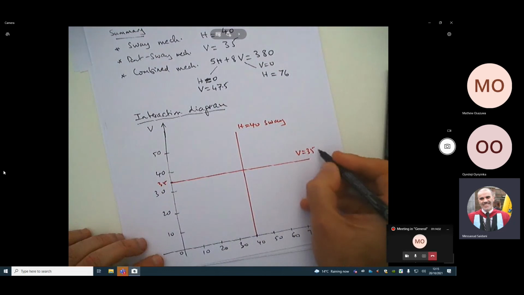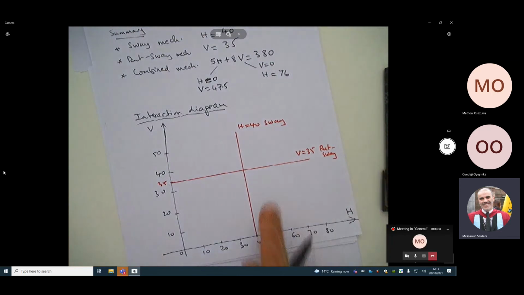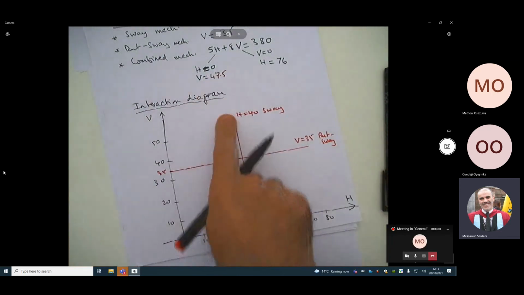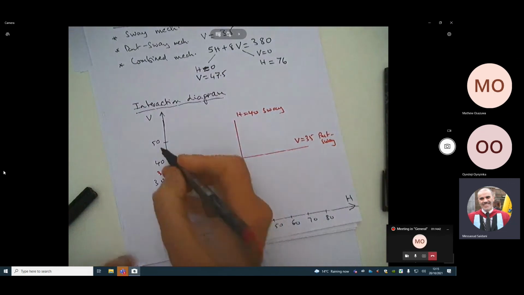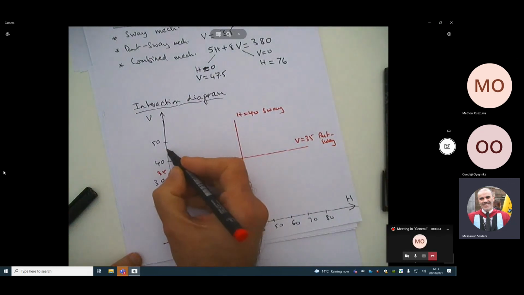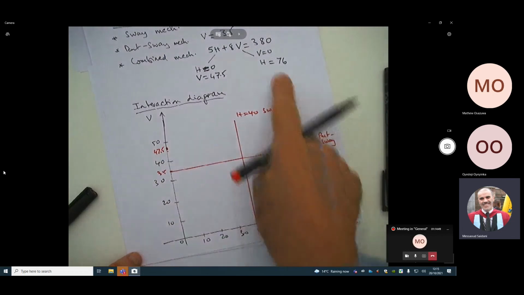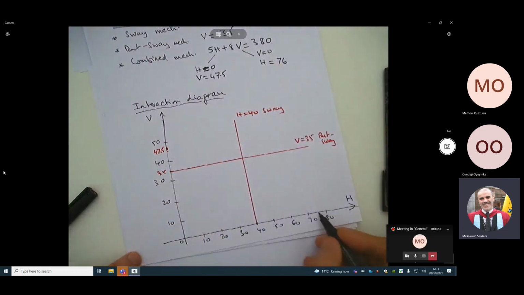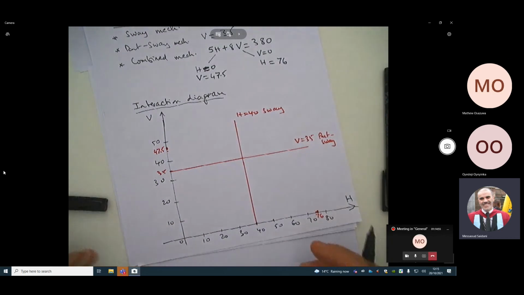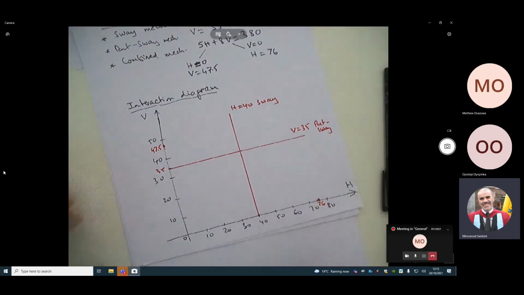This is the part sway. And then we have this line here, the combined: at H equals 0, we have 47.5, and at V equals 0, 76. Okay, and then you join the two together.